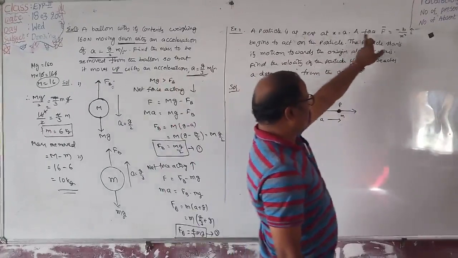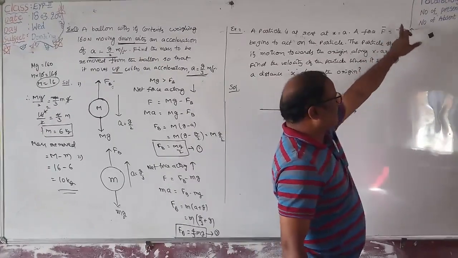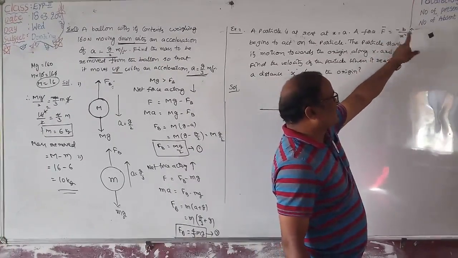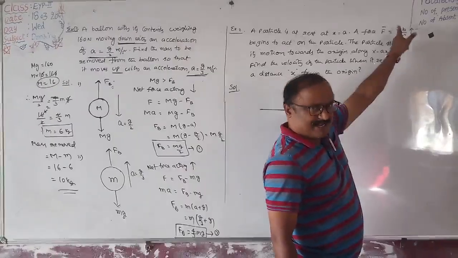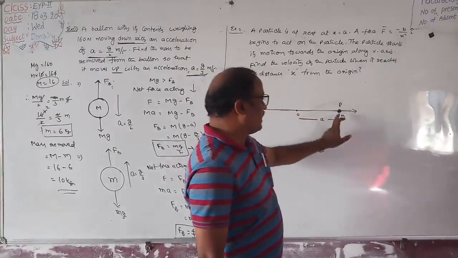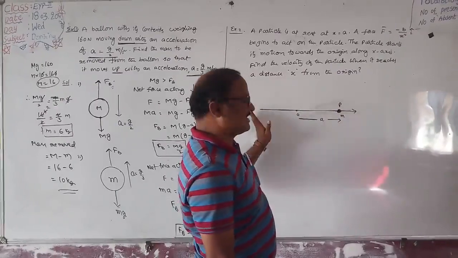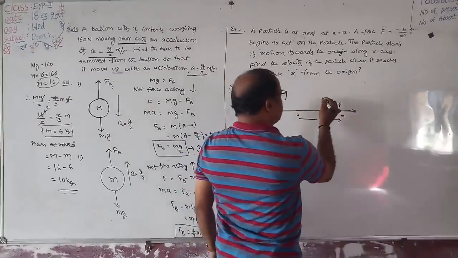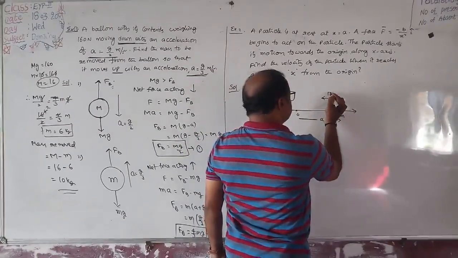Now, a force F is equal to minus b by x square into i cap. Minus i cap means the force is acting on the particle along the negative x direction. That means the force is acting in this direction.